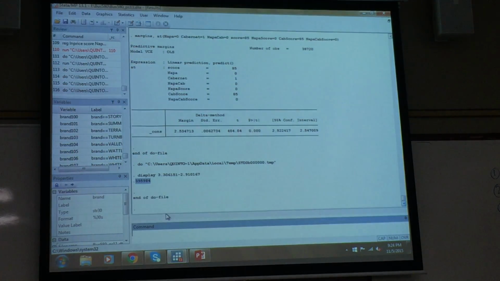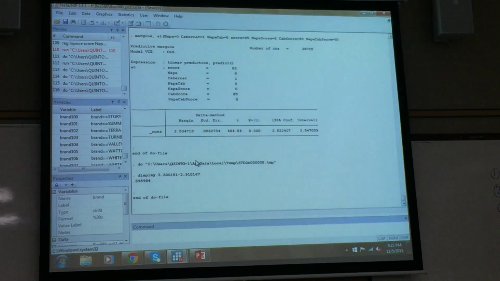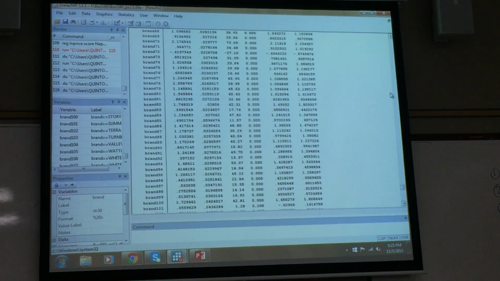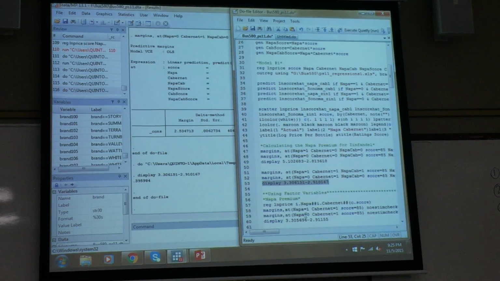This is, oops. Yeah, this one. No, there's our regression, it's our post regression, so that's it. So let's do margins, display. That's gonna be it.